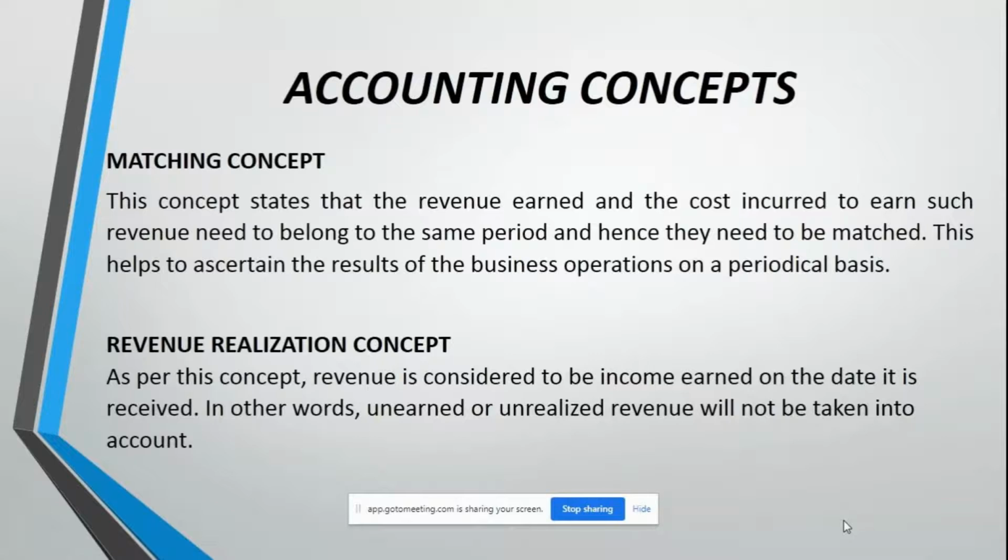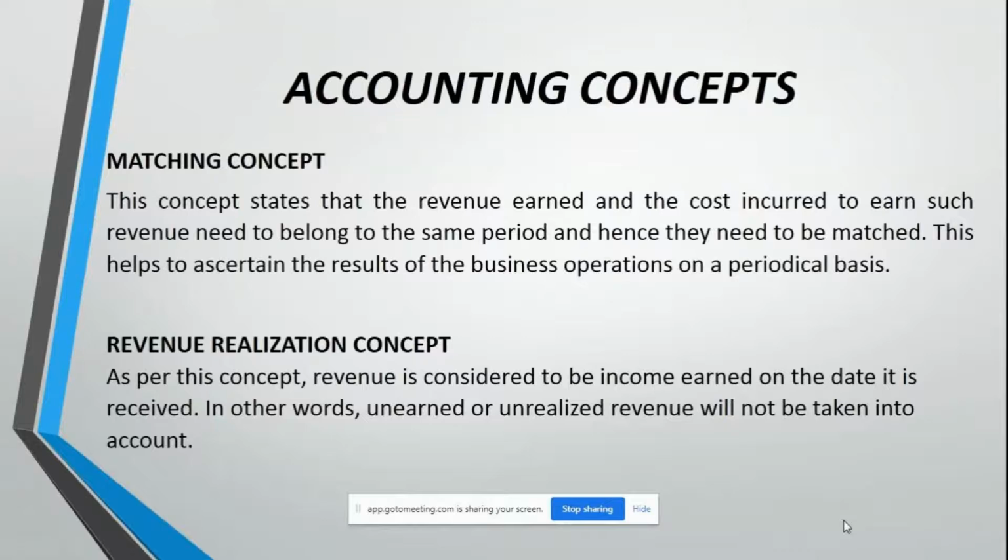Let's take an example. In the previous financial year, that is 20-21, 1st of April 20 to 31st of March 21, all the expenses and incomes will be recorded. But one expense would not be recorded, probably by mistake or omitted, whatever the reason can be. That particular expense would not be recorded in the previous year, which belongs to 20-21. Now, can I record it in this current financial year, that is 21-22?